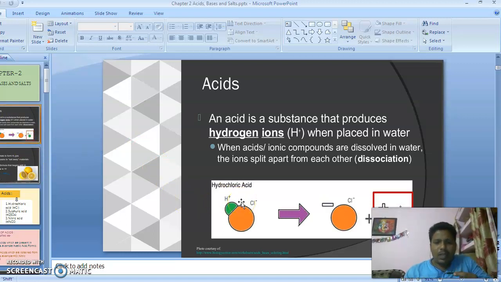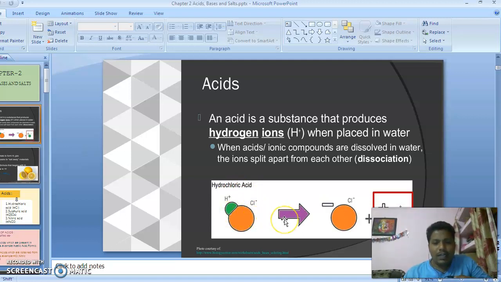You can see hydrochloric acid. So in this hydrochloric acid, this green atom is indicating the hydrogen, while this orange big atom is indicating the chlorine atom. Okay, and there is a bond between them, so it is called as a hydrochloric acid. Now why it is called as an acid?